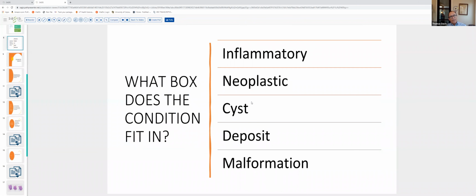So once we've taken a look at scan and we know how many pieces of tissue we're dealing with, and we've made an assessment of biopsy type, anatomic location, and possibly age, then the next big question is, what box does the condition fit in? In other words, what process are we dealing with?